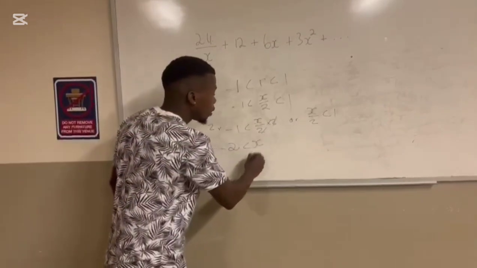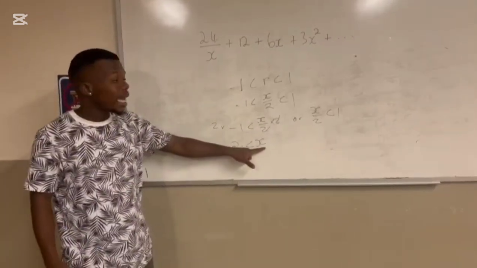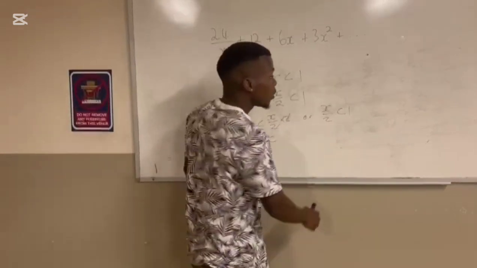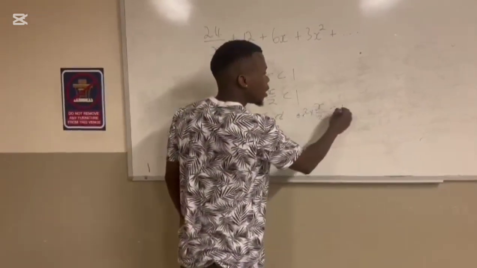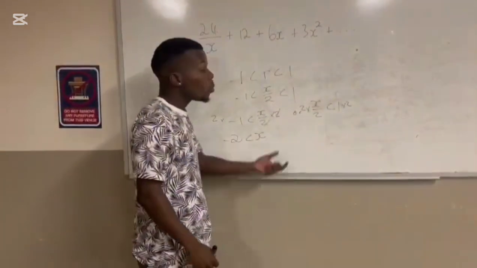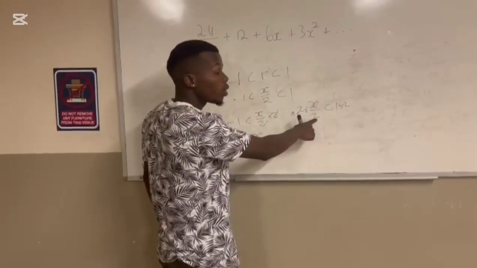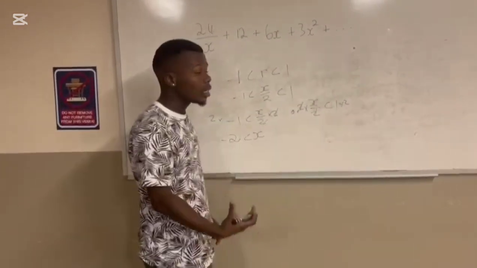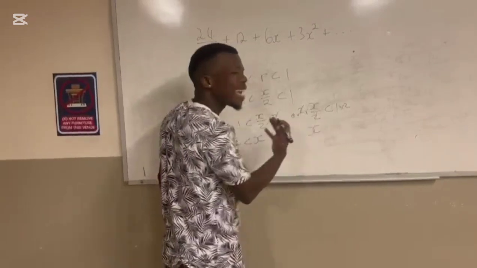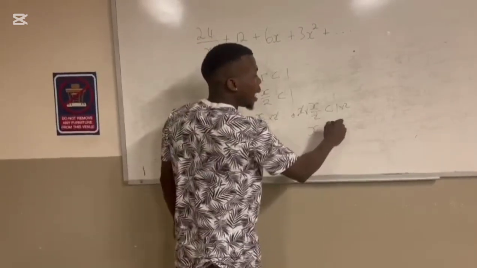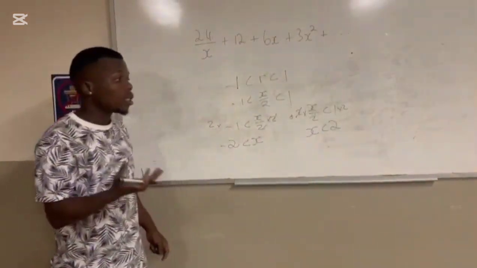Then you are left with x. Then here, you can multiply by 2 both sides. 2 multiplied by x over 2, these two cancel each other. You're left with x less than positive 2.